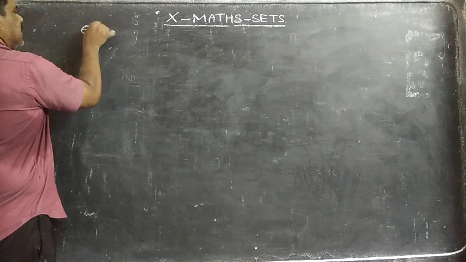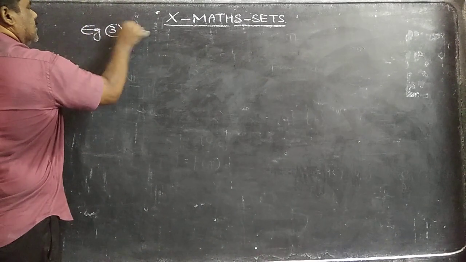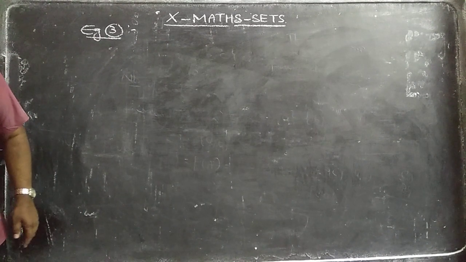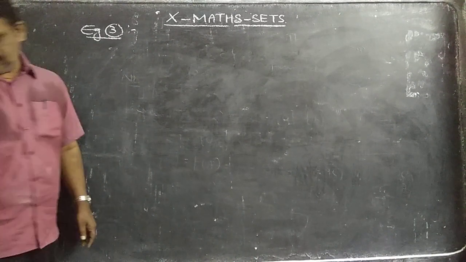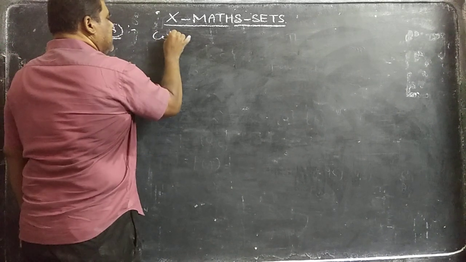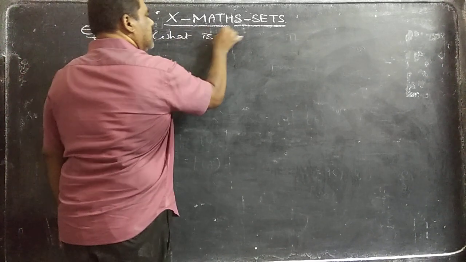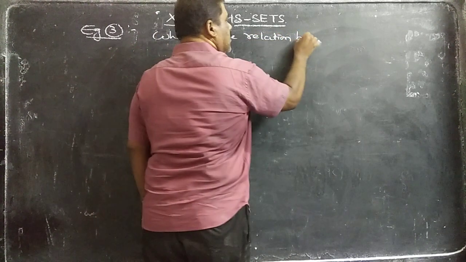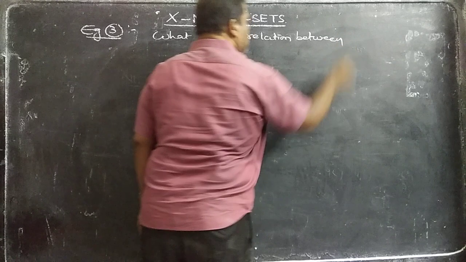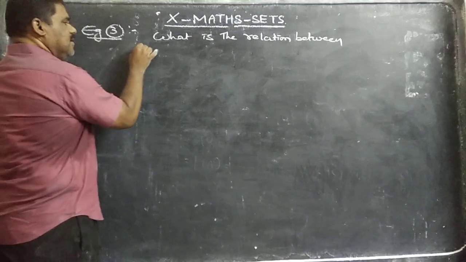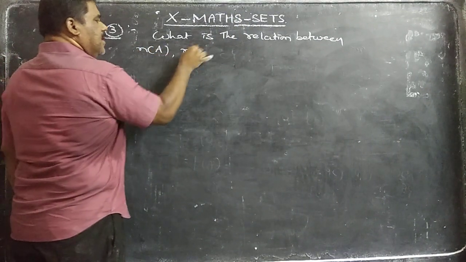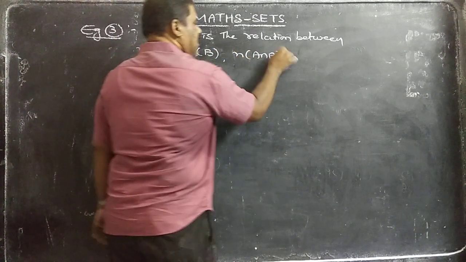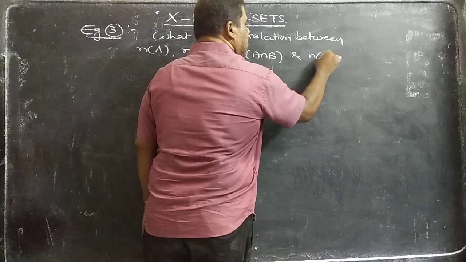Right, next example 3. What is the relation between n of A, n of B, n of A intersection B and n of A union B?